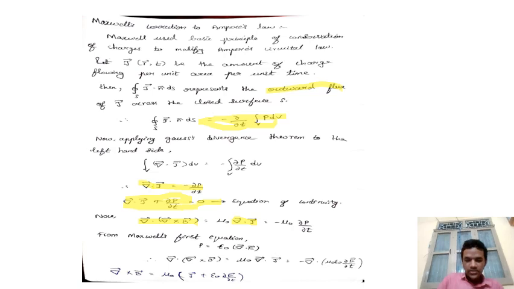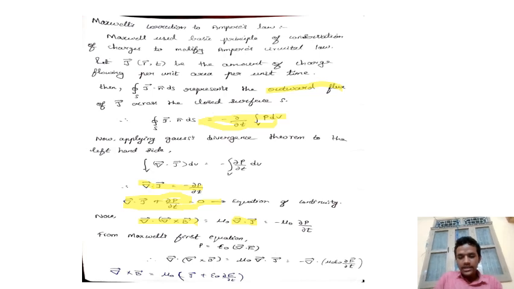Then from Maxwell's first equation, we know that rho is equal to epsilon naught times the divergence of E bar. So the divergence of curl of B bar can be written as mu naught times the divergence of J, which is minus the divergence of mu naught epsilon naught dE by dt. So now we arrive at Maxwell's fourth equation.